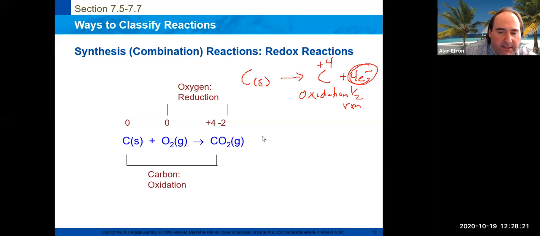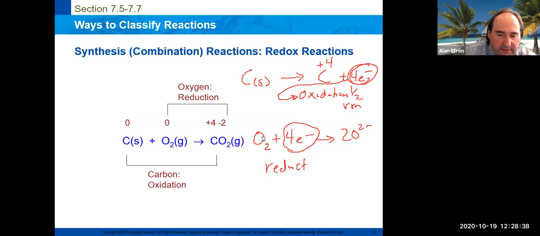Electrons on the product side, like they're being lost, is for our oxidation, while oxygen would go from that +4 electrons, making 2 oxygens with a -2 charge here. This would be our reduction half reaction. And the electrons on the reactant side is a reduction half reaction.